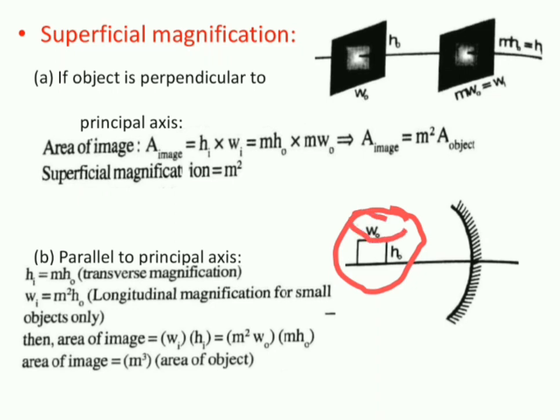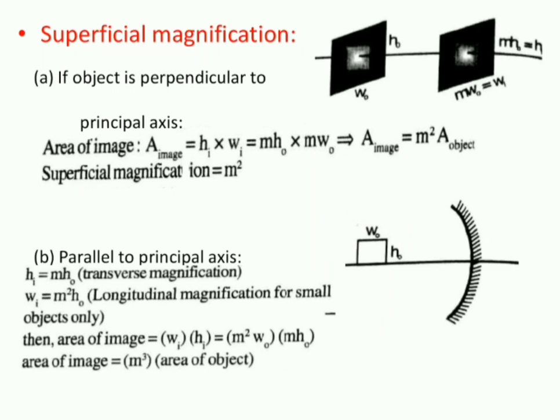Just now we have seen dv by du is equal to minus v square divided by u square. So width will increase by m square times, height will increase by m times. So what will be your magnification of area? It is not m square, it will become m cube times the area of object. So be careful when you are dealing with areal magnification. Whether it is placed perpendicular to principal axis or along the principal axis will change your answer.